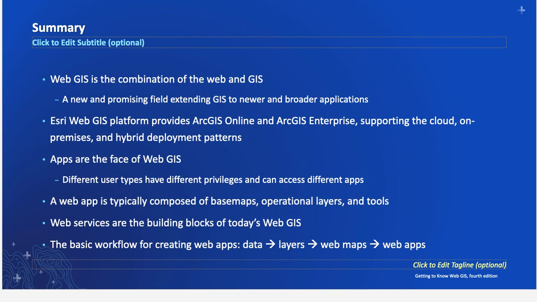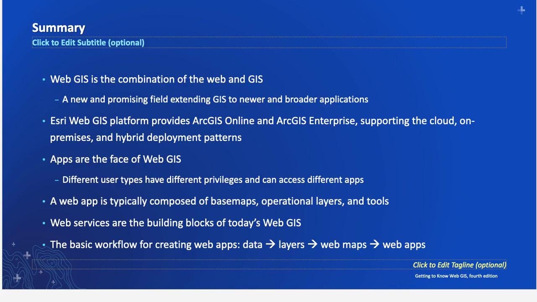So in summary, WebGIS is the combination of the web and GIS. It's a new and promising field extending GIS to newer and broader applications. The Esri WebGIS platform provides ArcGIS Online and ArcGIS Enterprise, supporting the cloud, on-premises, and hybrid deployment patterns, and apps are the face of WebGIS.